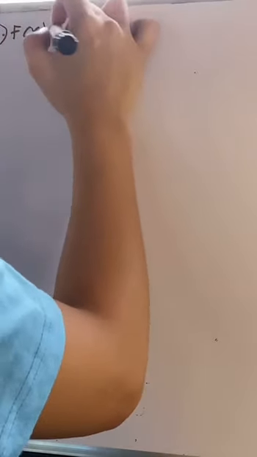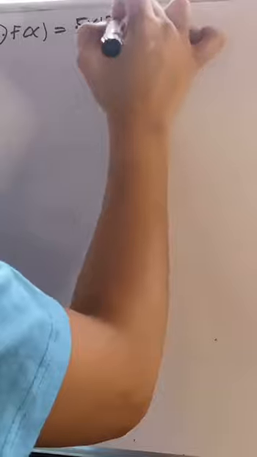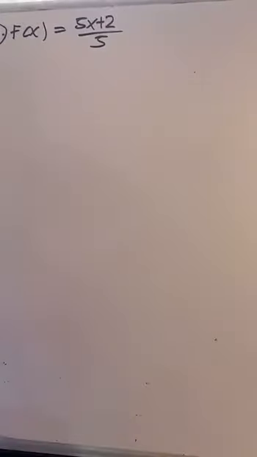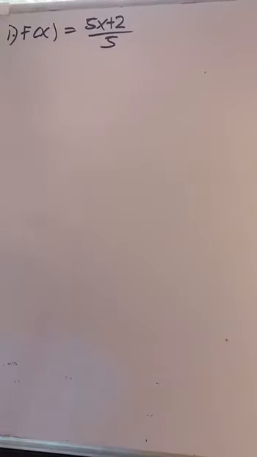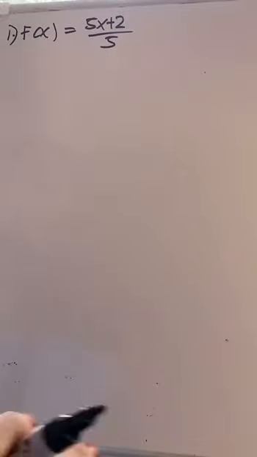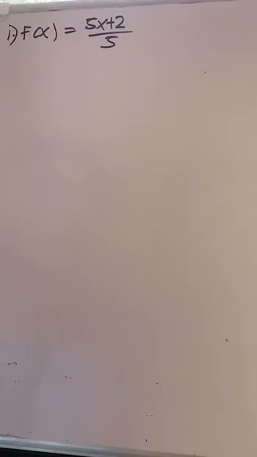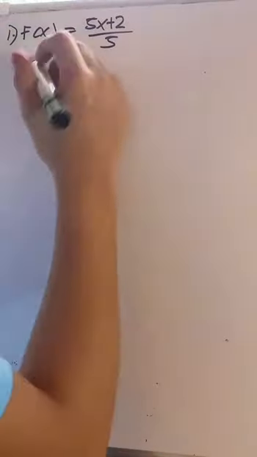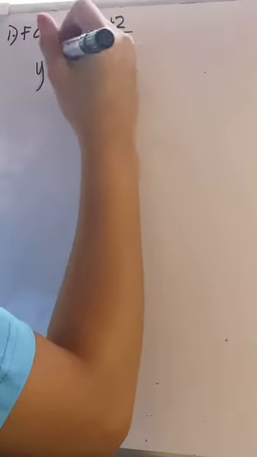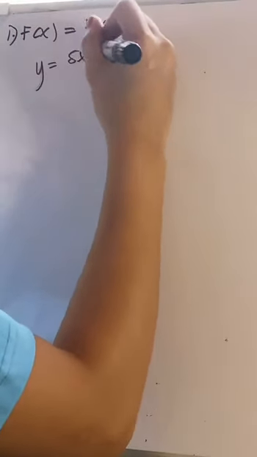Let's move on with example number 2, but this time we're going to find the inverse of a rational function. Let's have f of x equals 5x plus 2 over 5. Again, in finding the inverse of this function, we just have to follow the steps. First is replacing the f of x with y, then copy.